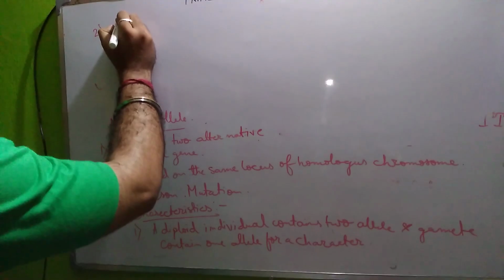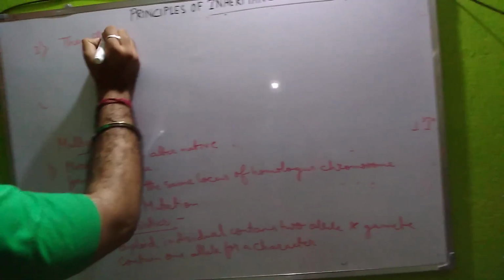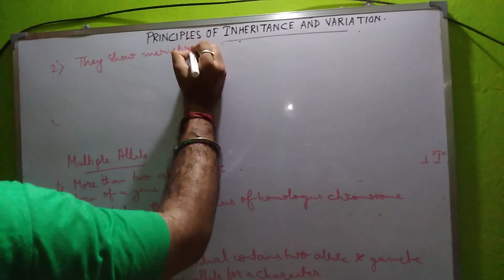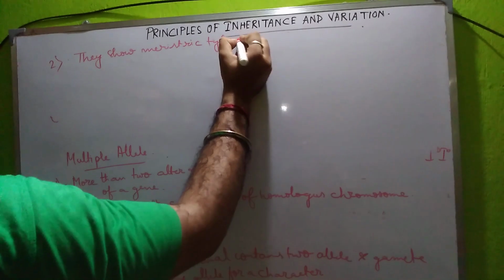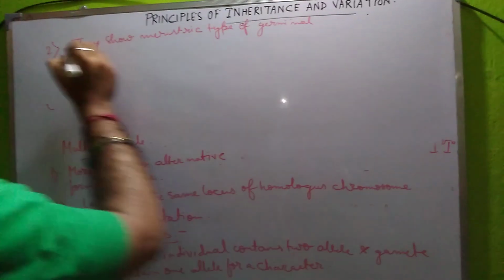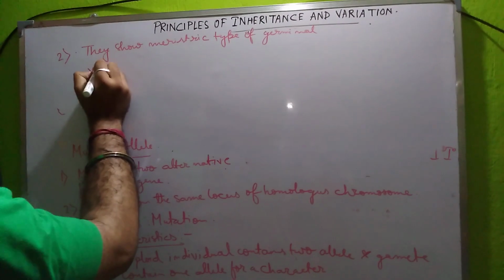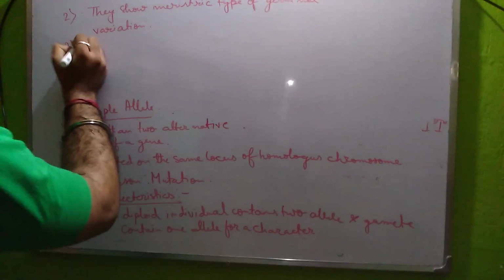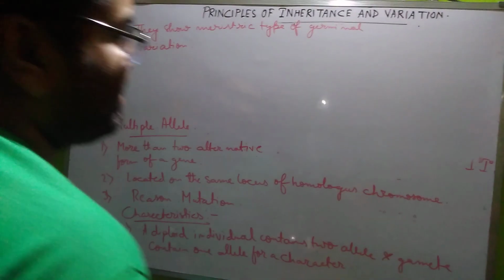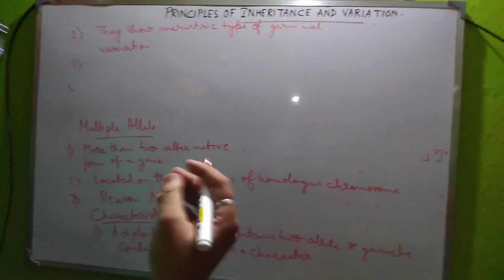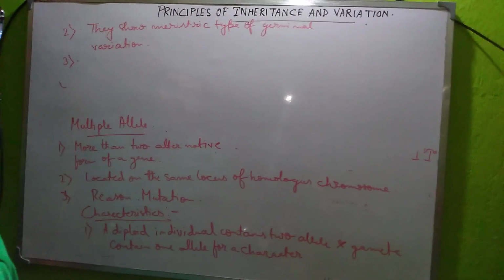The second characteristic is that they show meristic type of germinal variation. Meristic means from parents it passes to offspring, and from offspring it goes on. It's a particular type of character or trait.